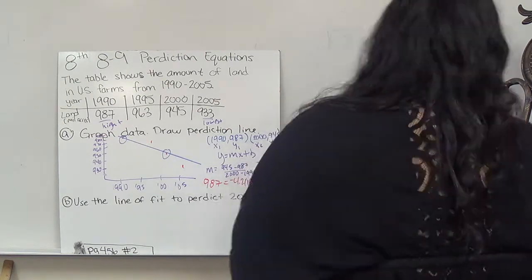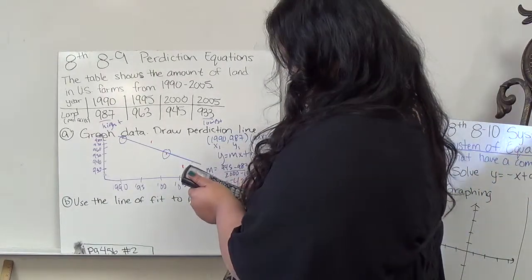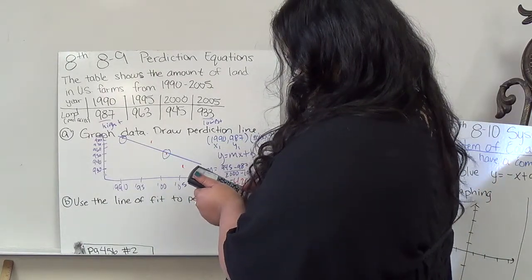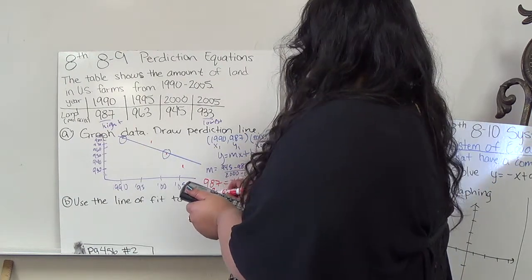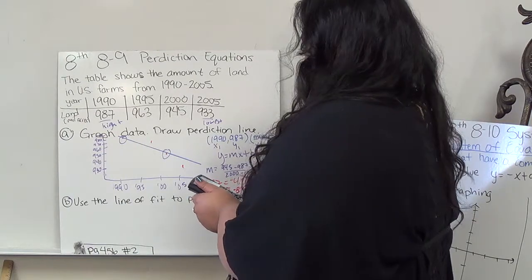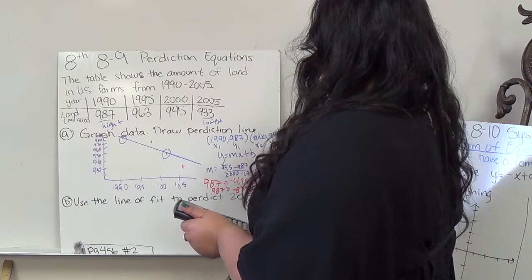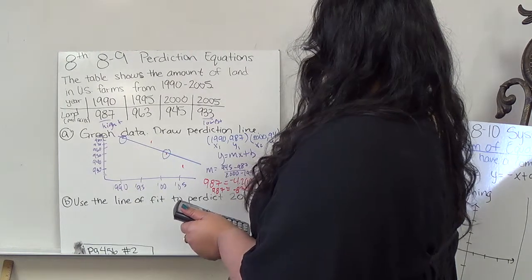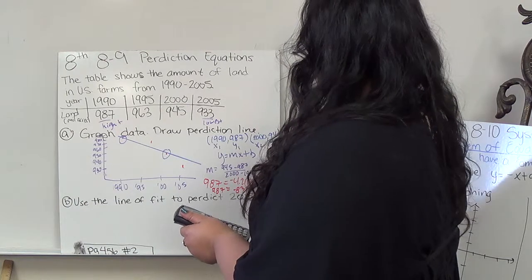And negative 4.2 times 1990 is 987 equals negative 8358. Okay, which gives me, sorry, this is supposed to be plus b.